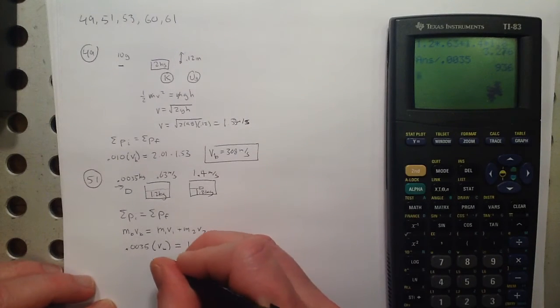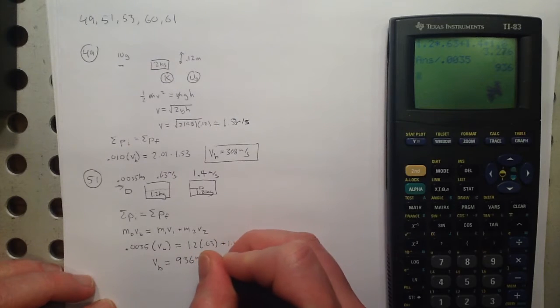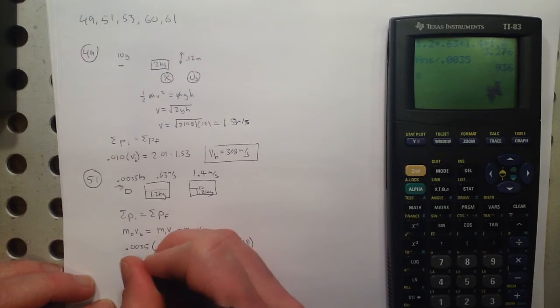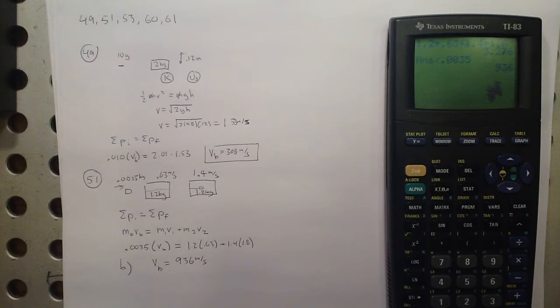So the initial velocity of the bullet is 936 meters per second. That's the answer for part B. That's the velocity of the bullet as it enters block 1. Let's make sure that that's correct.